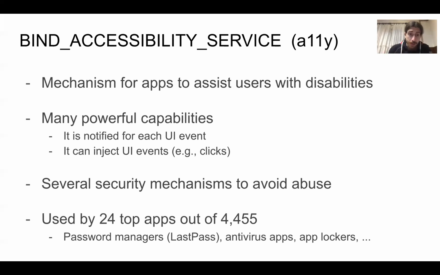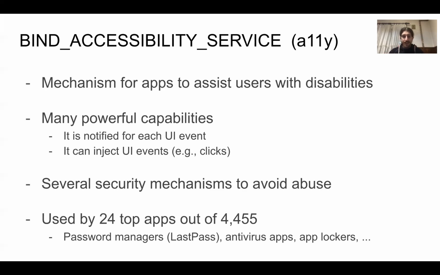It's very powerful, so there are several security mechanisms to avoid abuse, but as it turns out, these mechanisms were not enough. This permission is actually used by many top applications. The interesting part for us was that none of these were actually using this permission to assist people with disabilities.